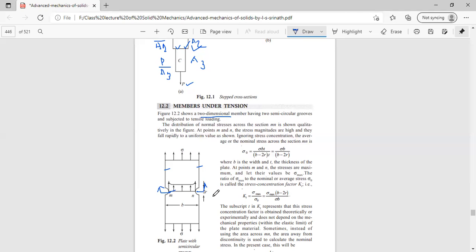If you ignore the stress concentration effect, the nominal or average stress across this section is sigma 0, which is the stress here multiplied by the width and thickness, divided by B minus 2R, where R is the radius.